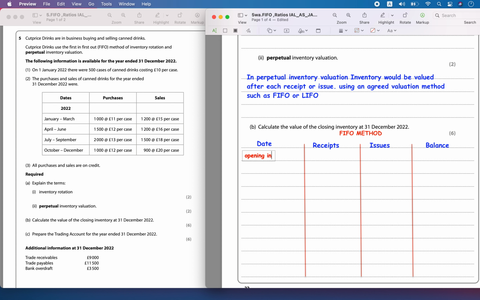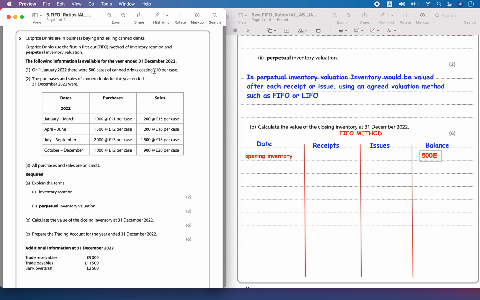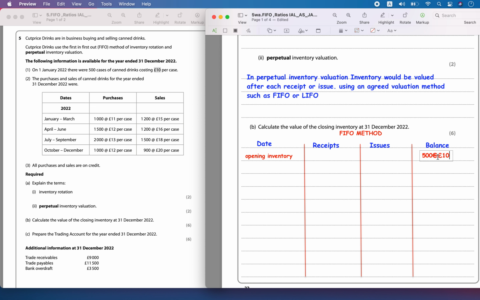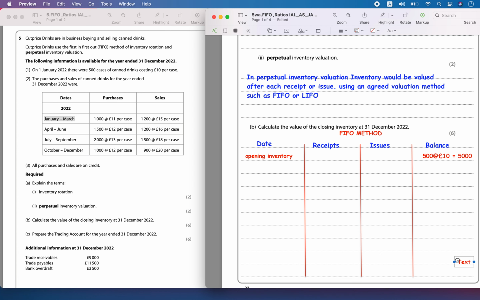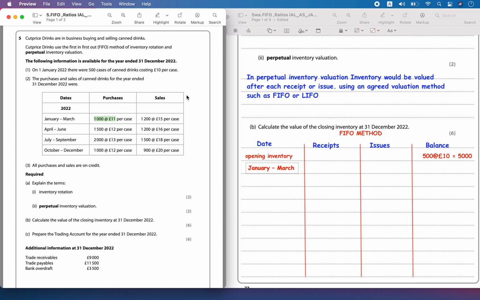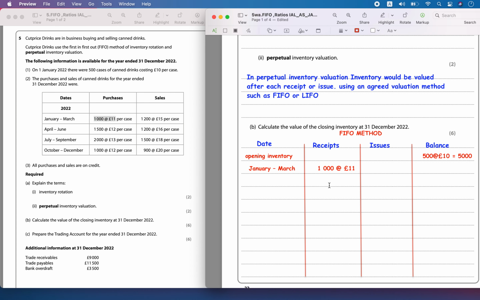Opening inventory is going to be equal to 500 at £10, which is equal to 5,000. Then in March, 1,000 was bought, so that was 1,000 at £11.